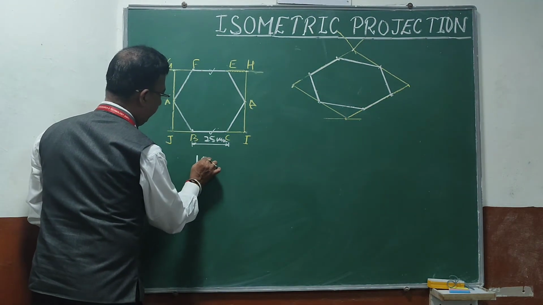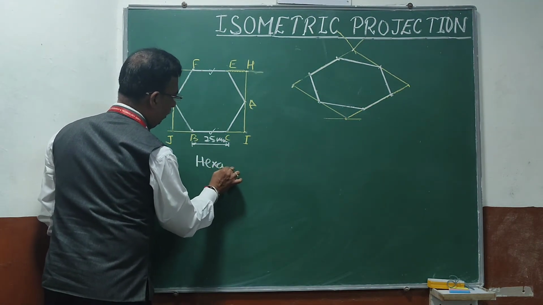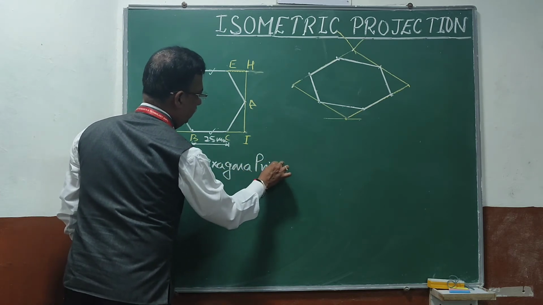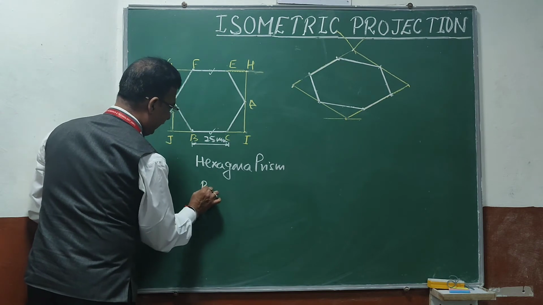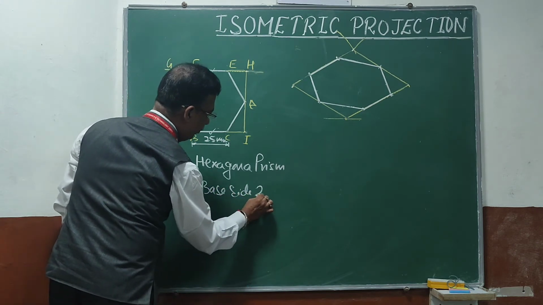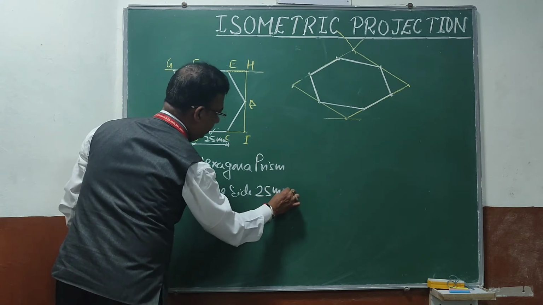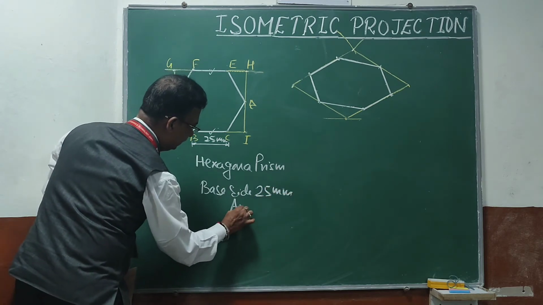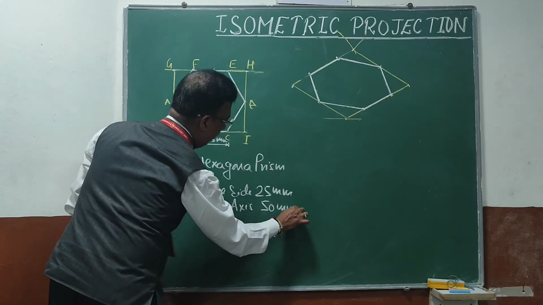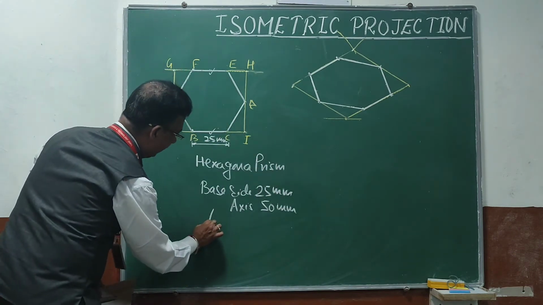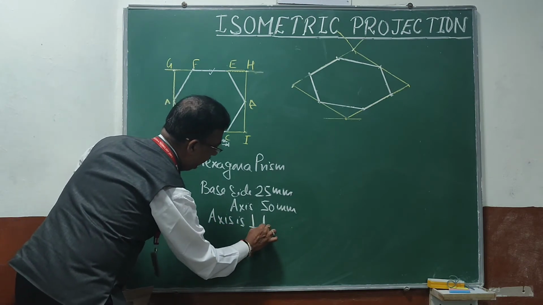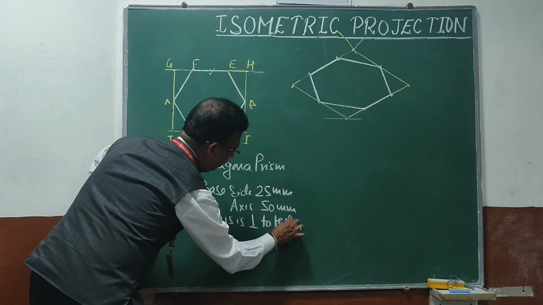Suppose the problem is to draw the isometric projection of a hexagonal prism of base side 25 mm and axis 50 mm long, and the placing is such that its axis is perpendicular to the horizontal plane.